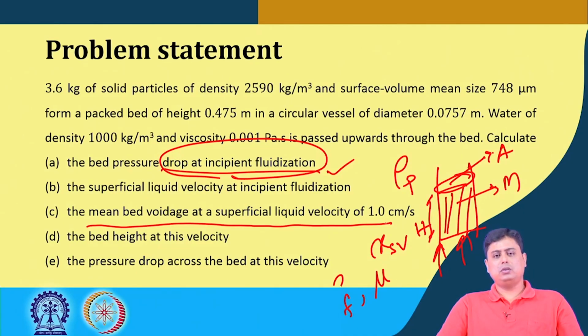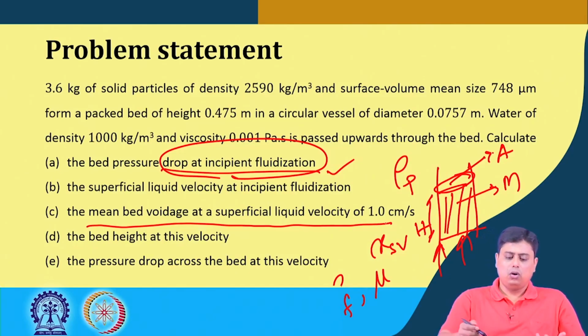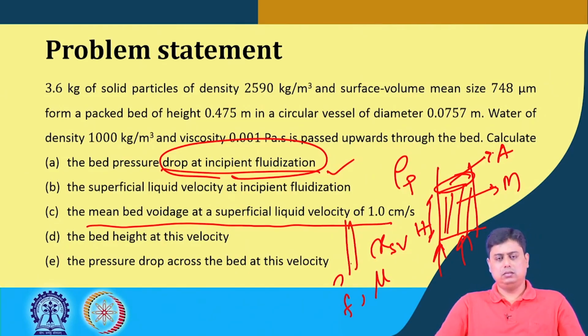So, quite naturally, the bed voidage will change, the bed height will change, the pressure drop will change. What are those values? Now, when I say pressure drop across the bed changes, this is the pressure drop that we basically measure, because frictional pressure drop, you remember, would be unaltered during fluidization.